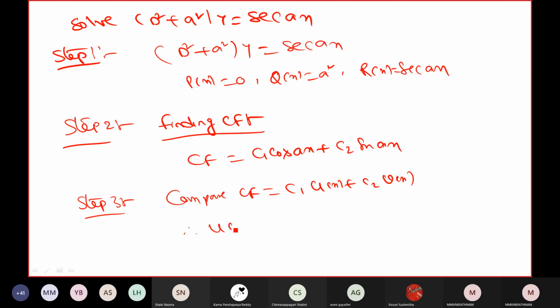So therefore U of x is cos ax, V of x is sin ax. So what is step 4? Step 4. Assume PI will be A into U of x plus B into V of x.